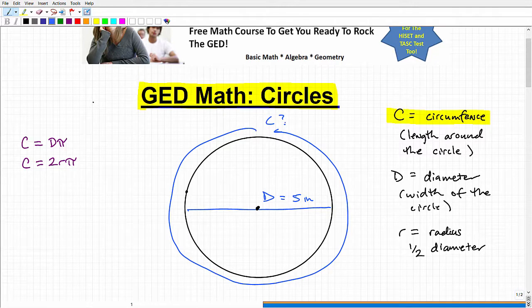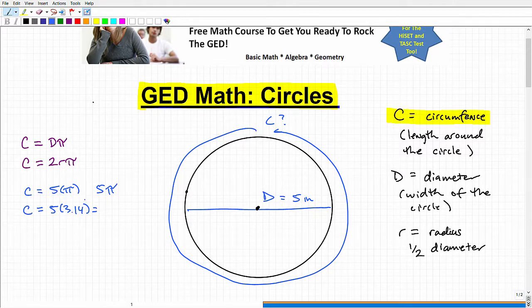So all I would have to do is the circumference is equal to 5 times pi. It is really that simple. Now I could actually replace this pi with 3.14, and you can get the decimal there. This calculation, 15 point whatever it is, fine. But if you just wrote your answer as 5 pi, you would be correct. But you may have to actually get a decimal approximation, so just replace the pi for 3.14 and you would do it.